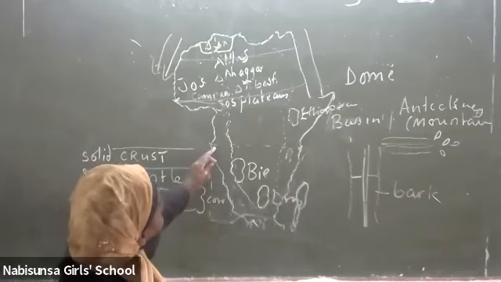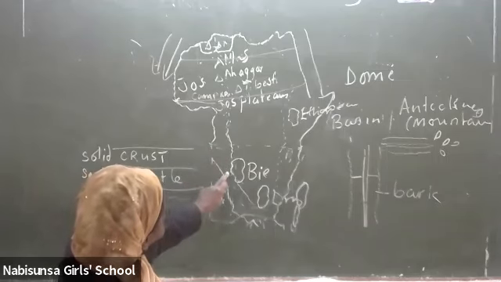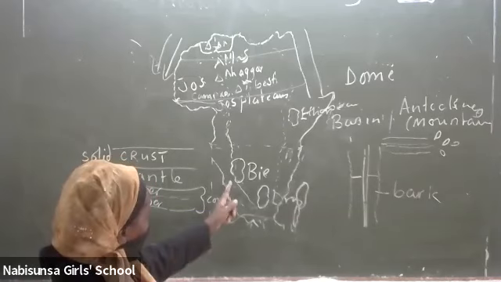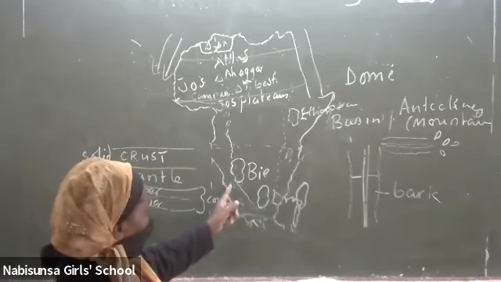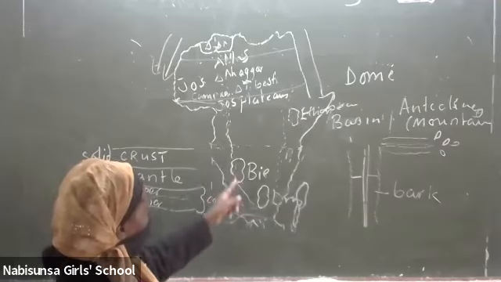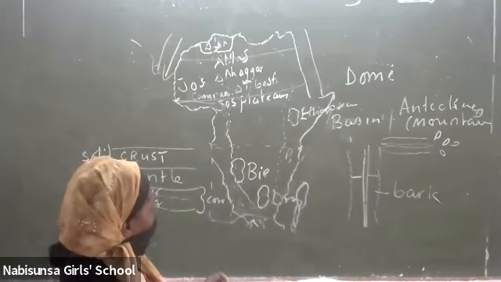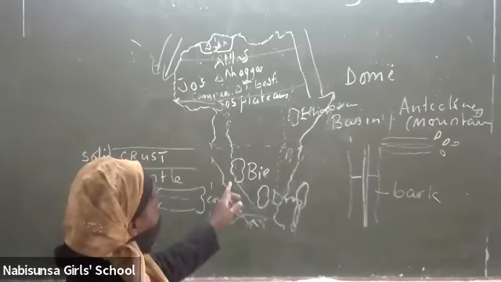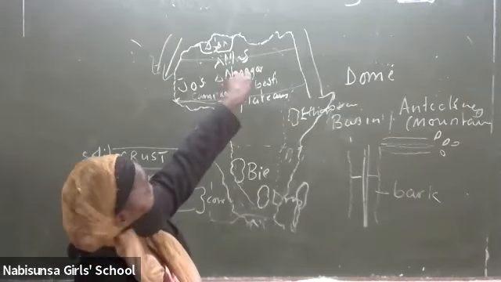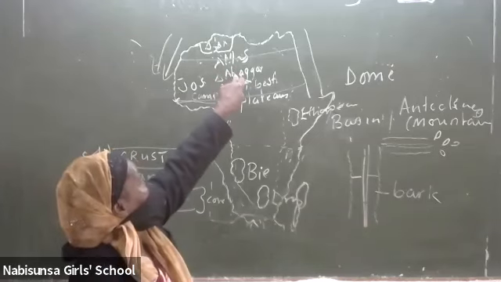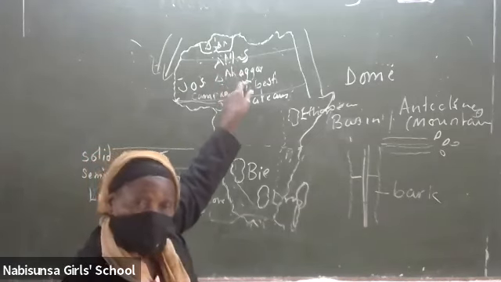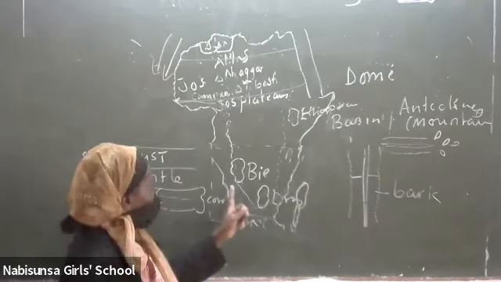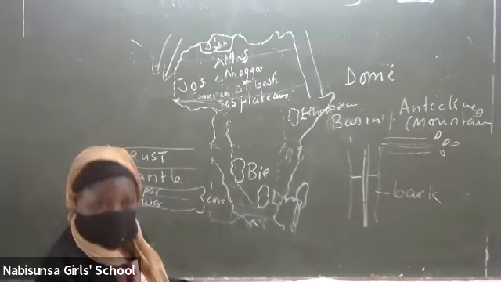And you will find that you also have here a relief feature, which is a desert. What is the name of this desert here? Namib Desert. This one is a hot desert, but this one is a cool desert.